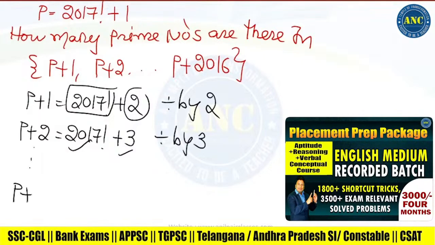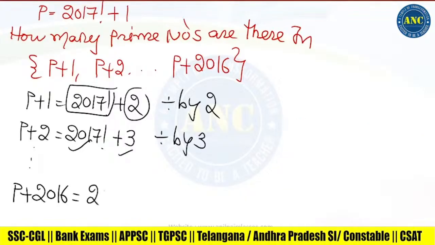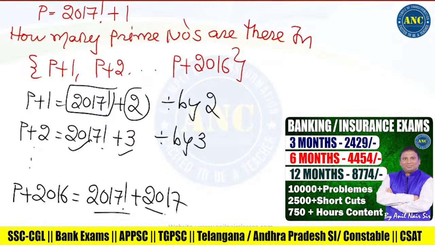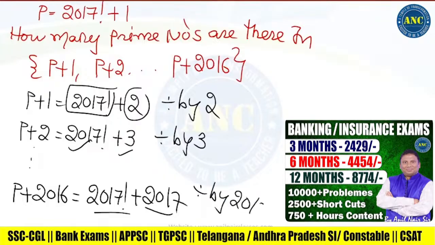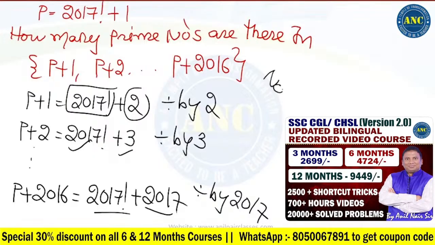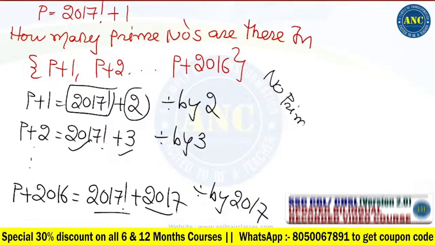And so on up to P plus 2016, which is 2017 factorial plus 2017, divisible by 2017. The answer is divisible by 2017. I hope it is clear. No prime numbers are there in the set.